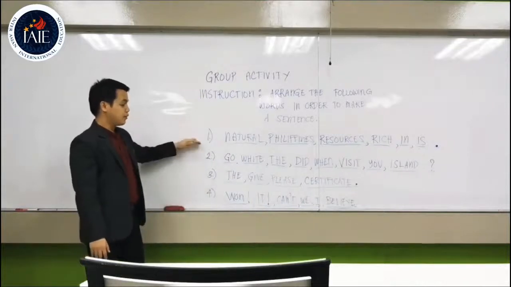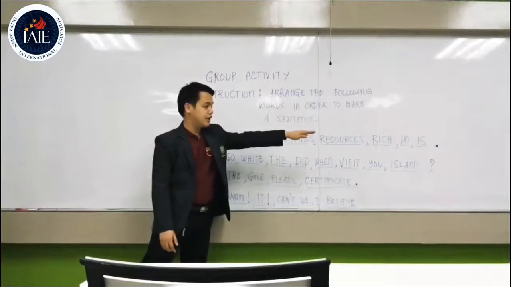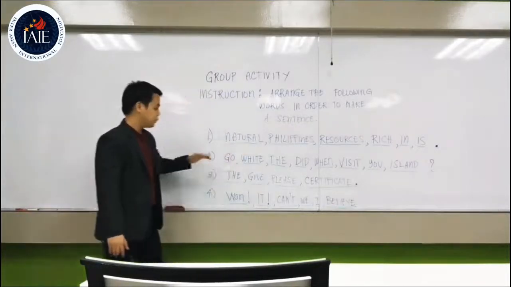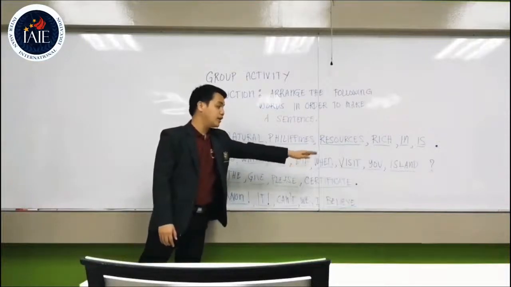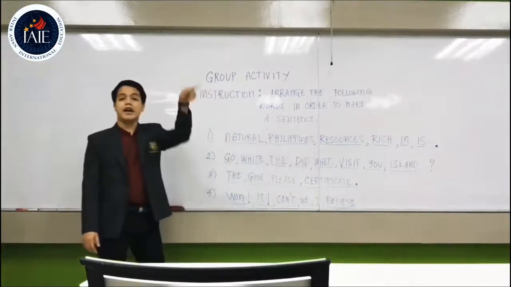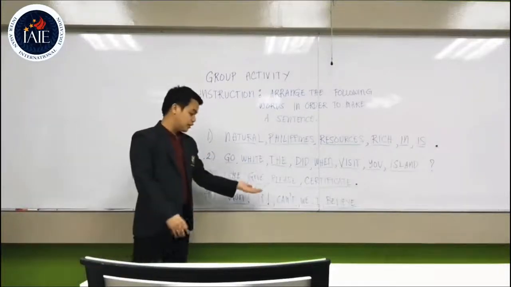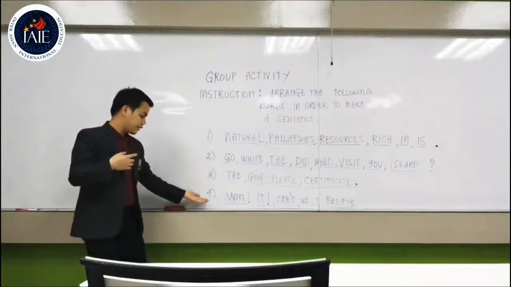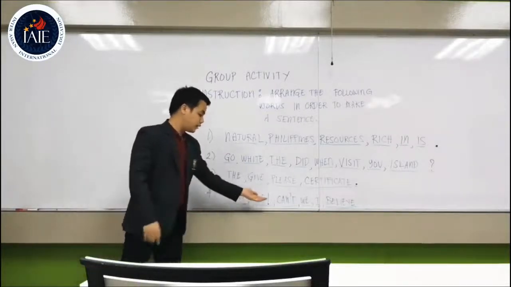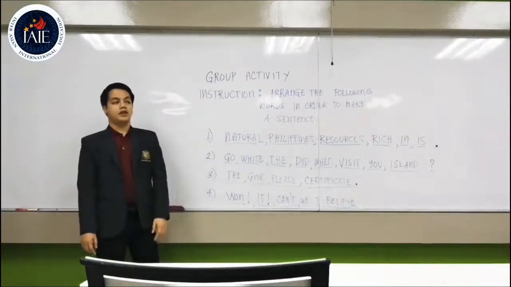Number 1, we have natural, Philippines, resources, rich in, is, and a period. Number 2, we have go, why, the, did, when, visit, you, island, and a question mark. Number 3, we have the, give, list, certificate, and a period. And number 4, want, it, can, we, I, and do it.